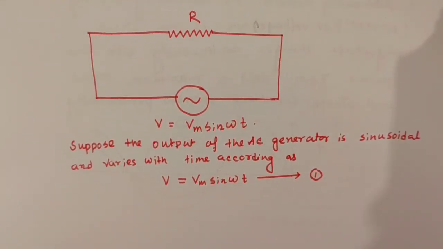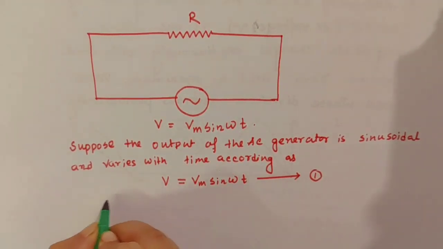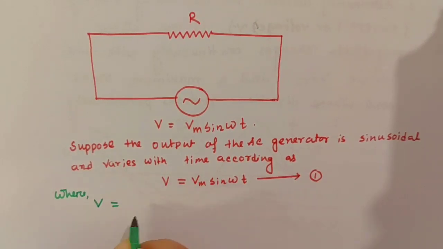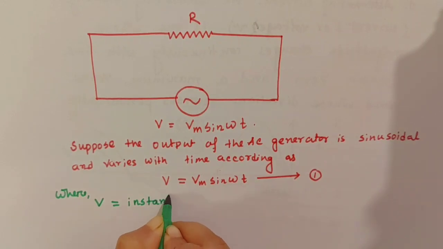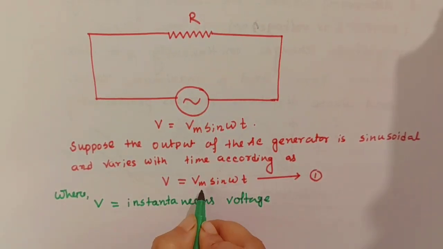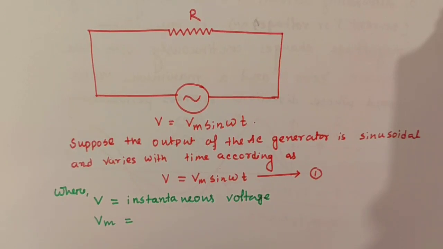Here what is V? V is the instantaneous voltage. So where V is equal to instantaneous voltage. And what is Vm? Vm is the amplitude or peak value of the oscillating voltage.